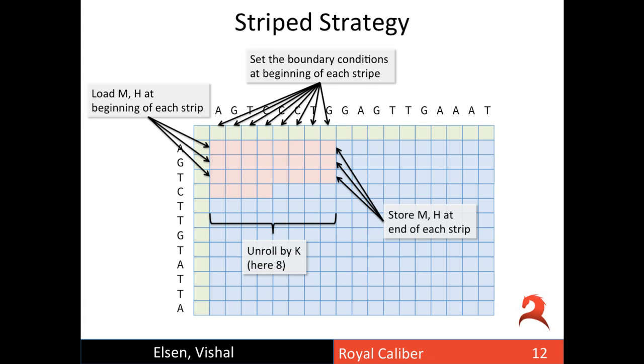We've set the boundary conditions in registers, and then we can essentially walk down the row, updating each cell and keeping everything in registers. When we get to the end, we have to write out the value of M and H that we calculated to global memory so that we can read it in when we start the next stripe over here. So basically, if you look at what we've done, this amounts to 1 word for M and H.